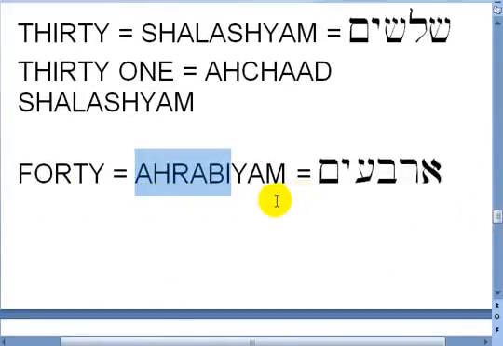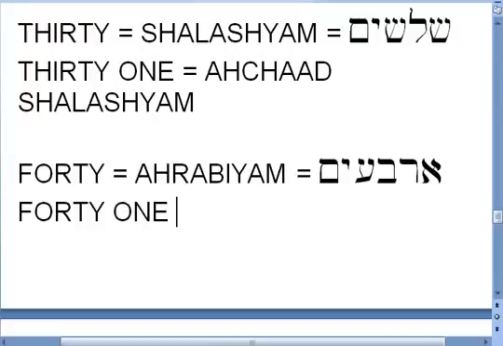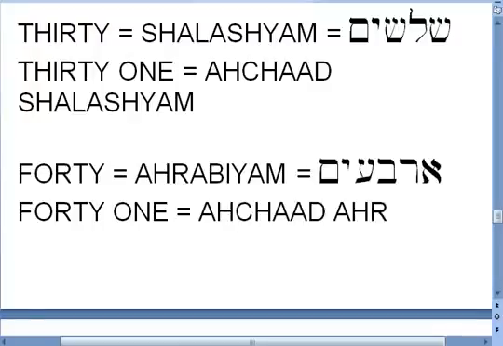Arabai Yum, which makes it plural, makes it 40. If you want to make it 41, what you do is Akkad, which is number 1, Arabai Yum, which makes it 40. So Akkad Arabayim is 41. Shanya Arabayim is 42. Shalash Arabayim is 43. Arabai Arabayim is 44. So on and so forth.